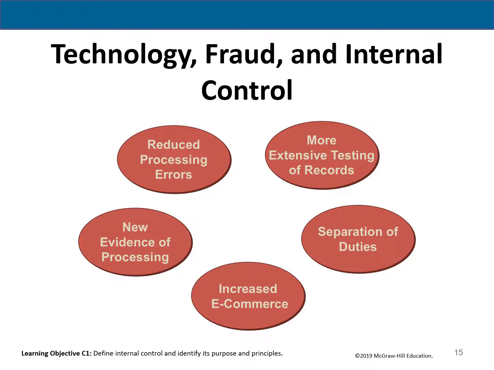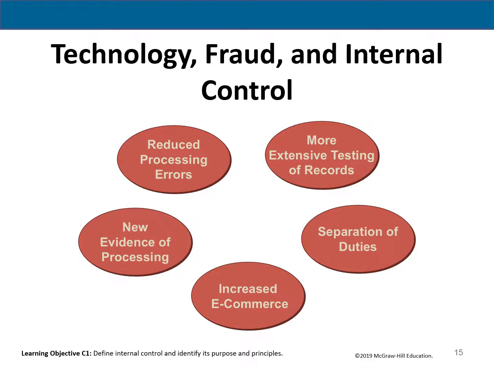So when we have internal controls and separation of duties, we have more extensive testing of records. That will lead to reduced processing errors, new evidence of processing, and increased e-commerce. I'm trying to get all of these things together here.